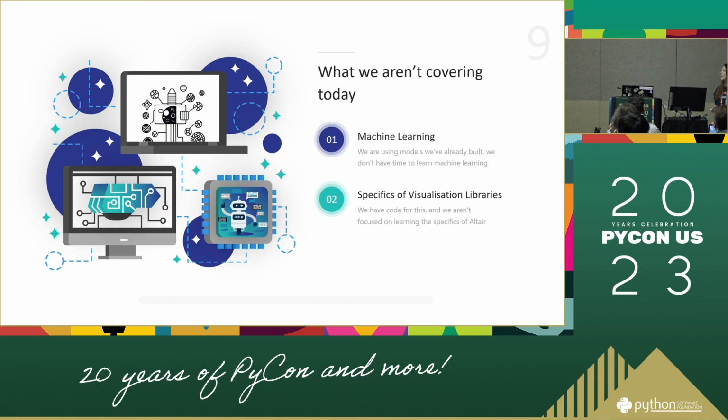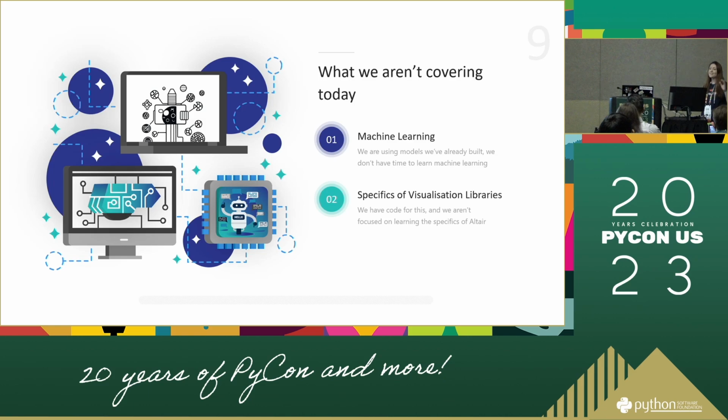Wonderful. There are a couple of things that we are not covering today. So we're not going to be covering machine learning. We will be using two machine learning models, but we've already written them for you. They're not particularly great, so I wouldn't take them as best practice. But we're not going to be covering the concepts of machine learning today. We are also not going to go into the specifics of how to use certain visualization libraries.